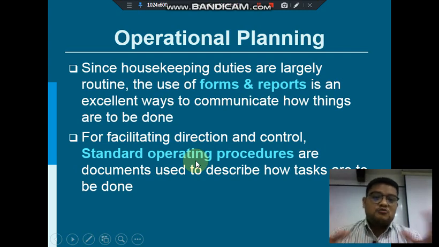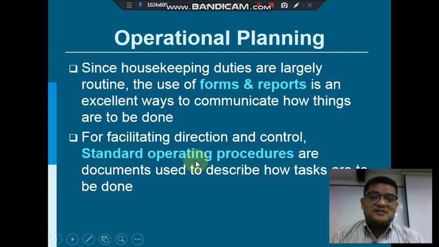I think everyone knows the word SOPs by now, because we are in the MCO period, movement control order, in which we hear about a lot of SOPs here and there in our everyday life. The same thing in hotels, especially in the housekeeping operation, they do have a lot of SOPs.